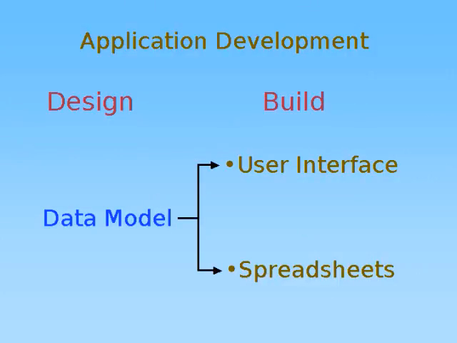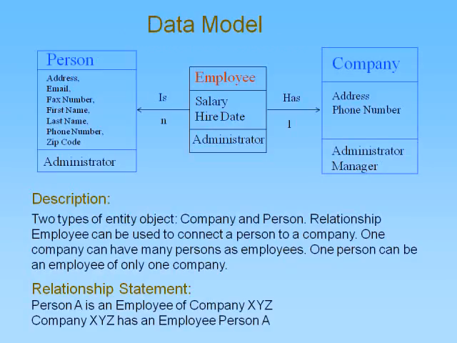Applications are developed in 2 steps, that is, design and build. The first step is to draw a data model diagram to represent the business process. The next step is to convert the design into database. This can be done either through the user interface or through spreadsheets. In this simple data model, we define 2 types of entity object, that is, person and company.